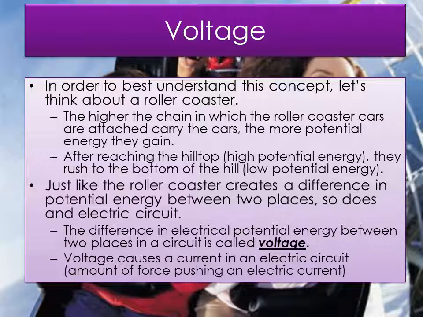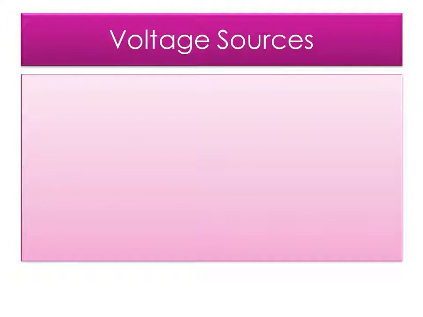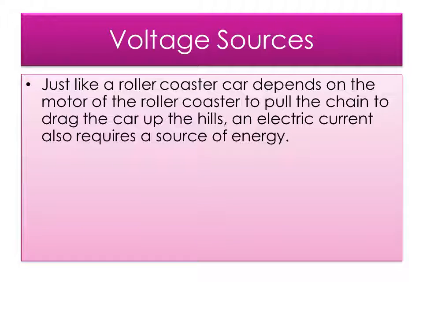All right, so voltage sources. Just like the roller coaster car depends on the motor of the roller coaster to pull the chain to drag the car up the hill to where you'll have that high potential energy, an electric current also requires a source of energy. So on a roller coaster, you have a motor that's actually bringing you up to the top of the hill so that you can get that high potential energy.